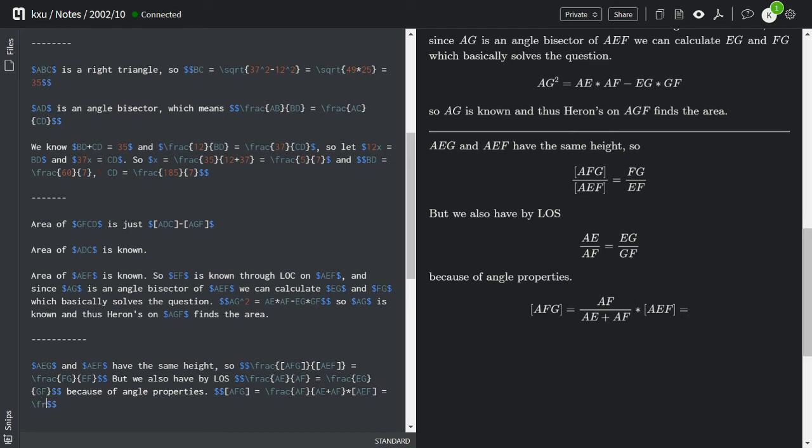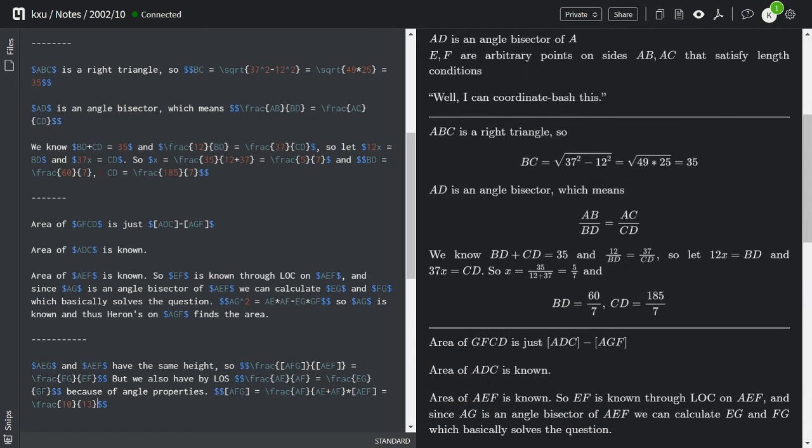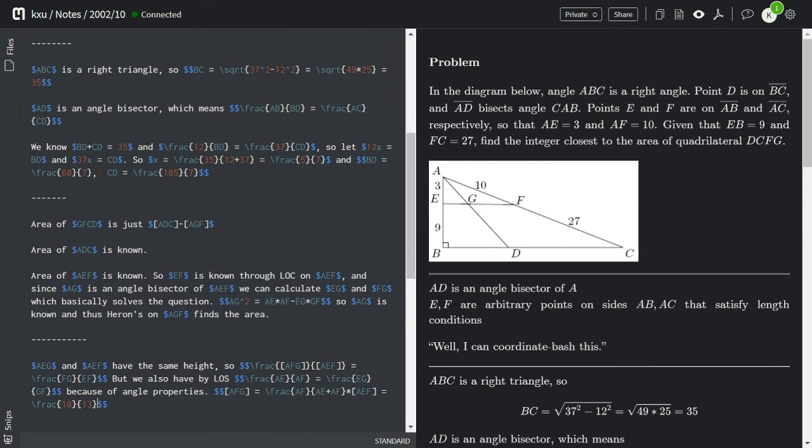And because we know all these values, this is 10 over 13 times AEF. And AEF is known, it is equal to, and this is when we start doing the calculations, 1/2 times 3 times 10 times sine of A, which is 35 over 37.